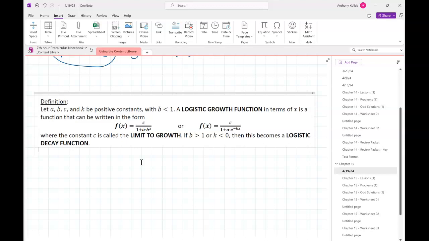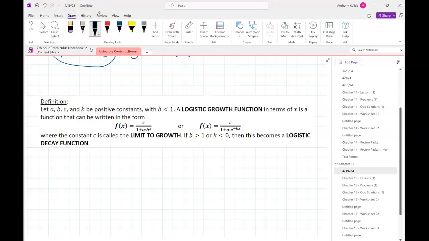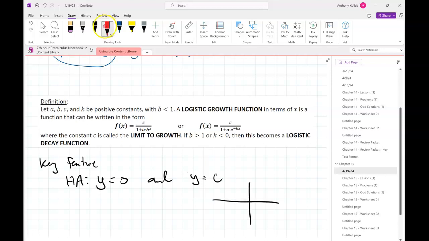Now, a key feature of a logistic growth function is that we have horizontal asymptotes at y equals 0 and at y equals c. So the graph of a logistic function is going to have two asymptotes to it.